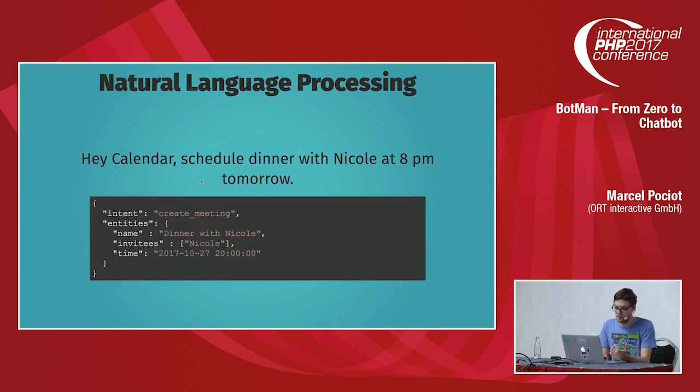So once we give it the sentence, the service would detect, okay, the intent of this message is we want to create a meeting. And this meeting intent has different entities. So the name would be dinner with Nicole. The invitee would be Nicole. And the time would be, well, tomorrow at 8 p.m.